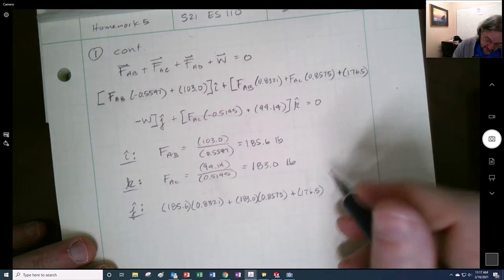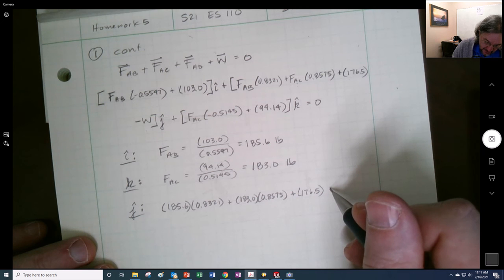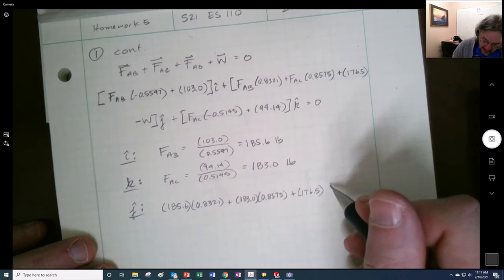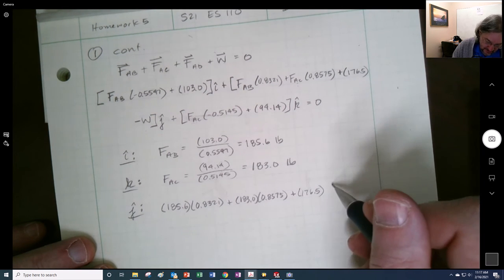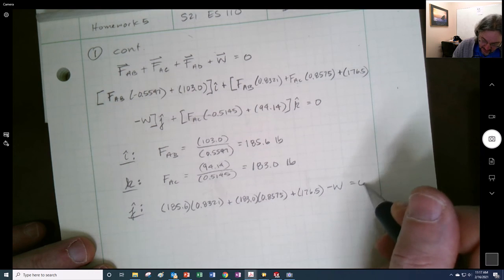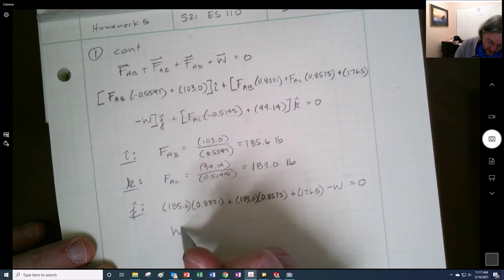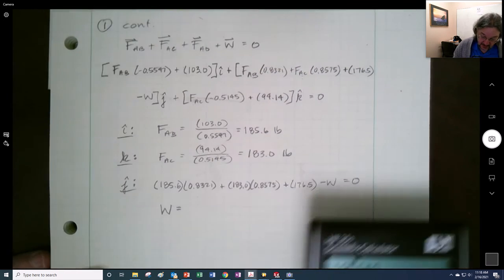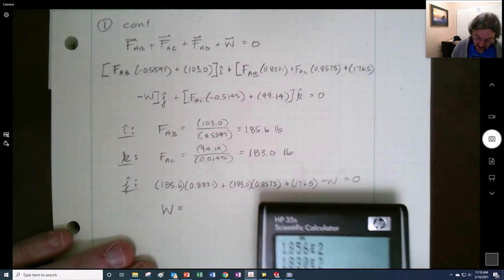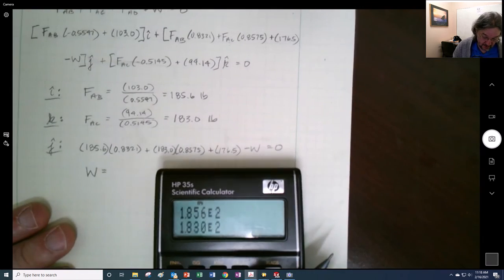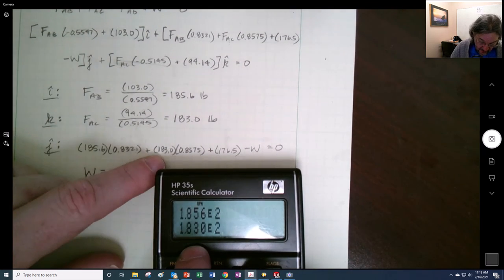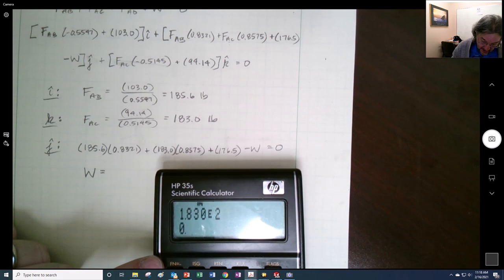176.5. And then we have minus W equals 0. We know that. So the weight of this thing, okay, so I plug these in here. I have 183 right here, so I go 0.8575 and hit multiply, boom.